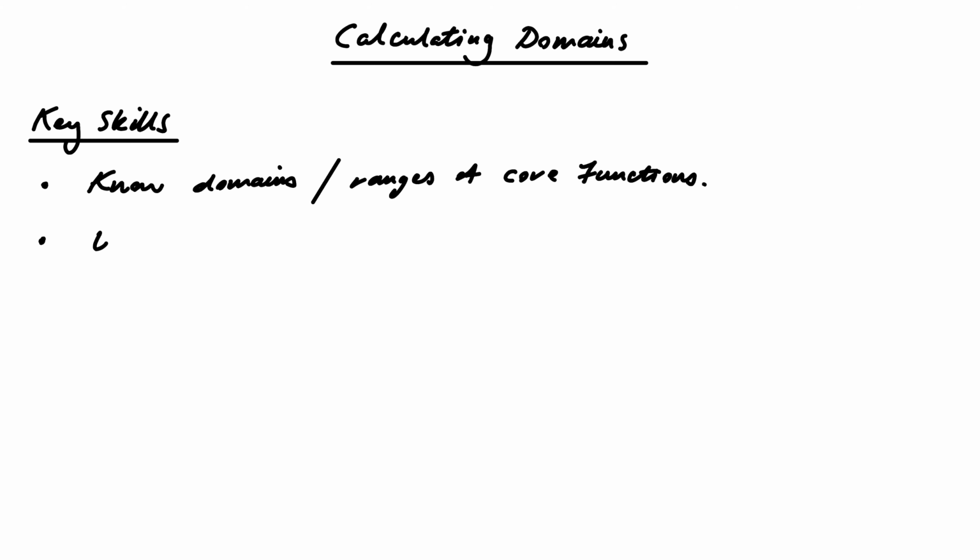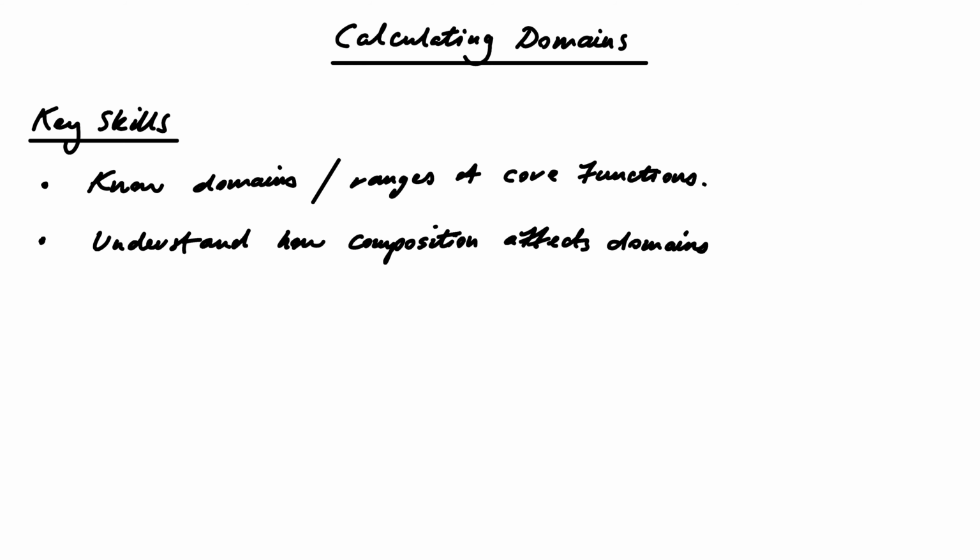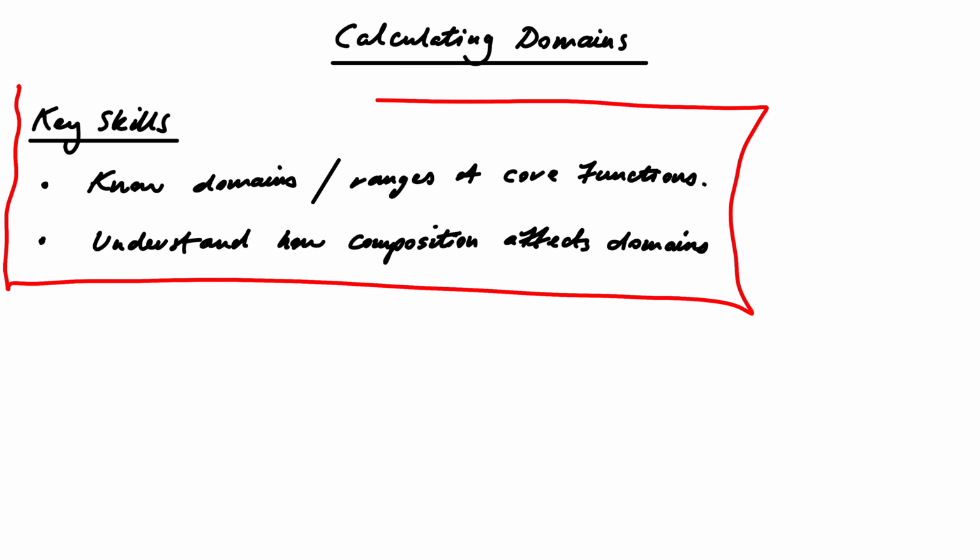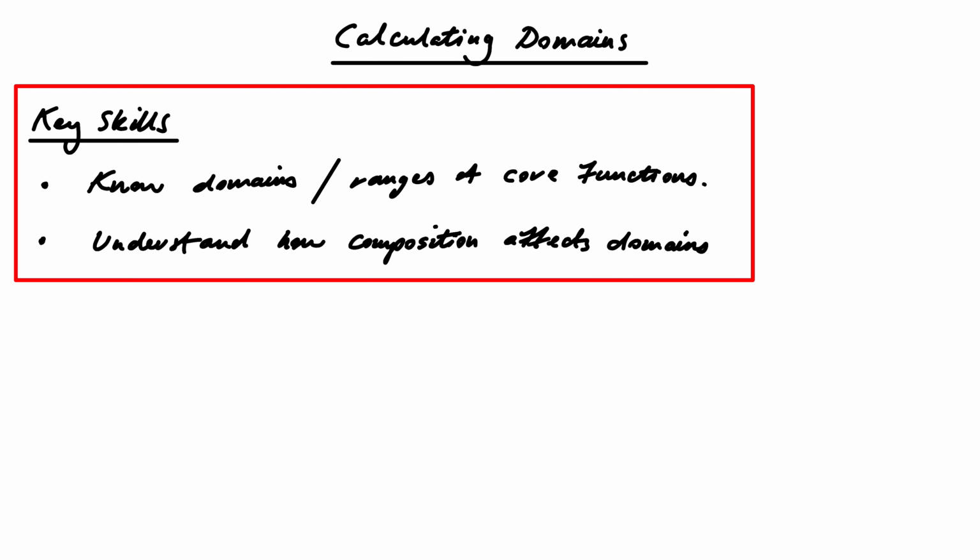So understand how composition affects domains. To boil it down to the simplest possible things you need to be able to do, these are core skills that are absolutely vital for determining domains of potentially quite complicated expressions.